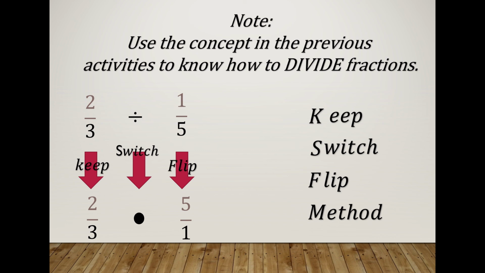And then, multiply the numerator by numerator, 2 times 5 is 10, and 3 times 1 is 3. And we cannot reduce 10 over 3. So meaning to say, the final answer is 10 over 3.